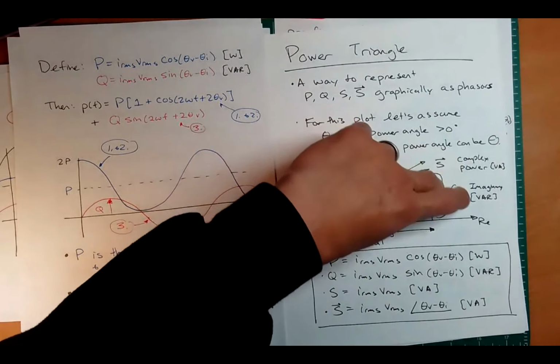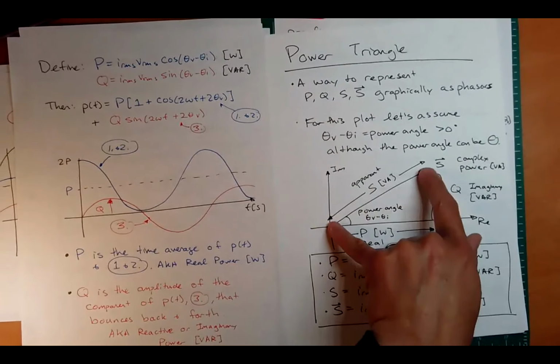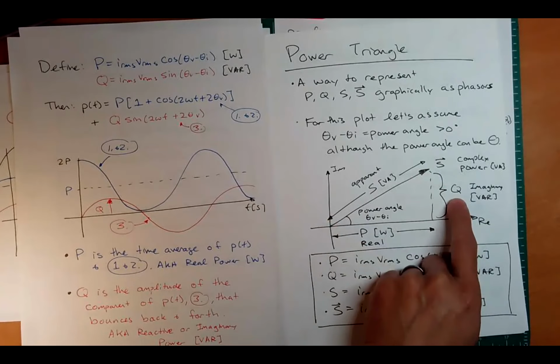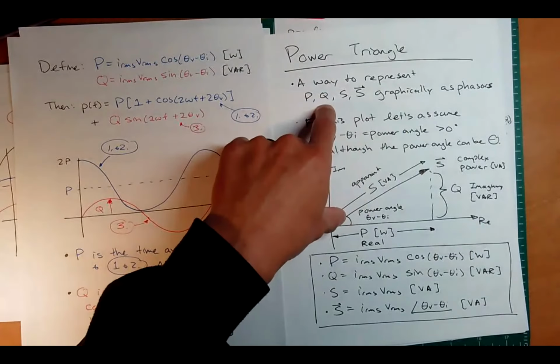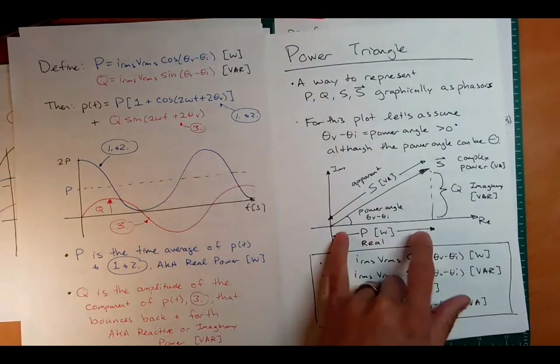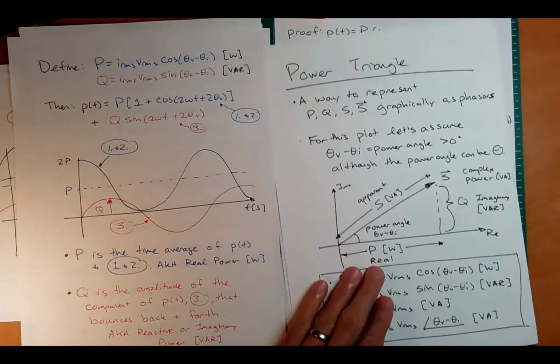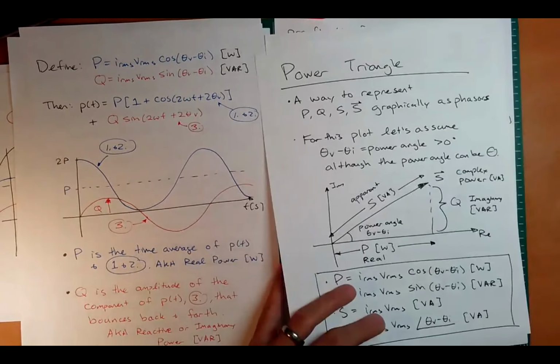It's like what's available. Now, can you imagine if P and S are the same value? You're doing a good job. You're not having any power bounce back and forth. Whereas if your S is pointed straight up or straight down, you're not transferring any power on average. Everything is bouncing. Okay, so that's the interpretation of the power triangle.